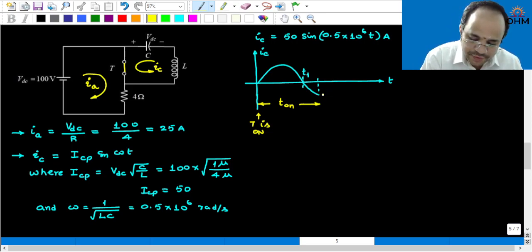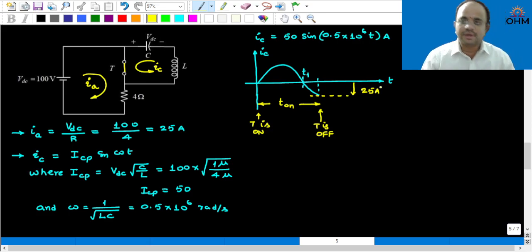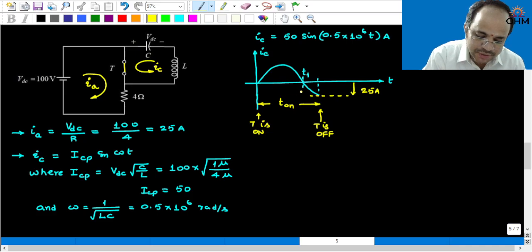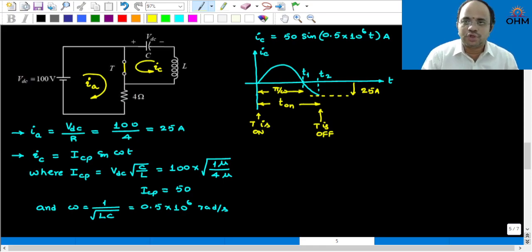So the SCR will conduct, and in other words, T off is here. At this point of time, the capacitor current should be equal to 25 ampere. Let me say this instant is T2, so the interval from 0 to T1 can be pi by omega.